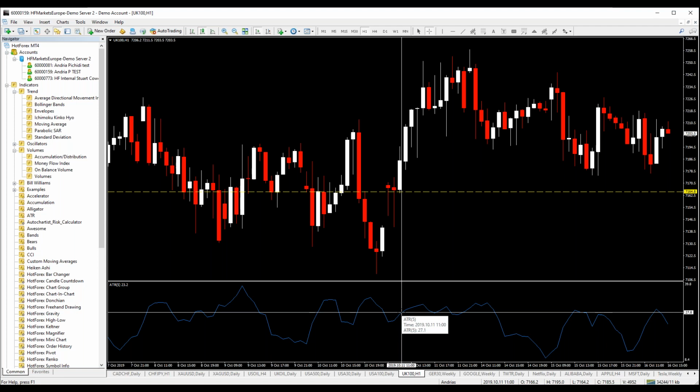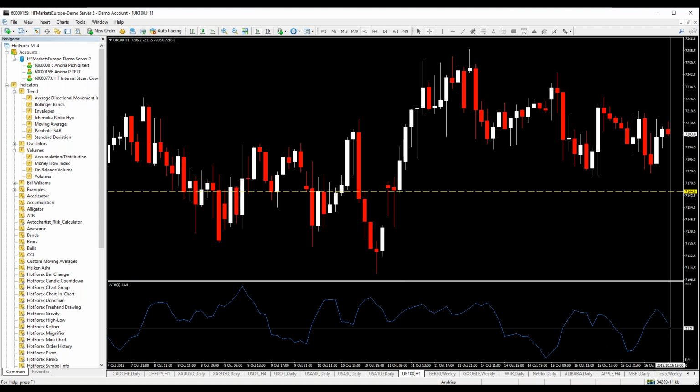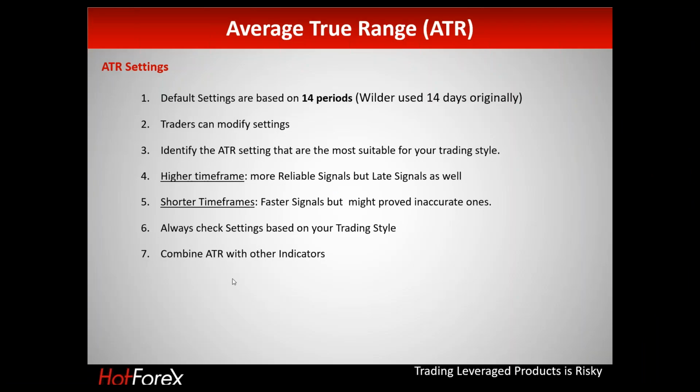In my humble opinion, check the default settings first, because usually they work quite well. There might be no reason to change them, unless you're a 1-minute trader or a 15-minute trader, then you might need to change them. But always check. Always combine ATR with other indicators. If you don't want to combine it with other indicators, check closely your candles.